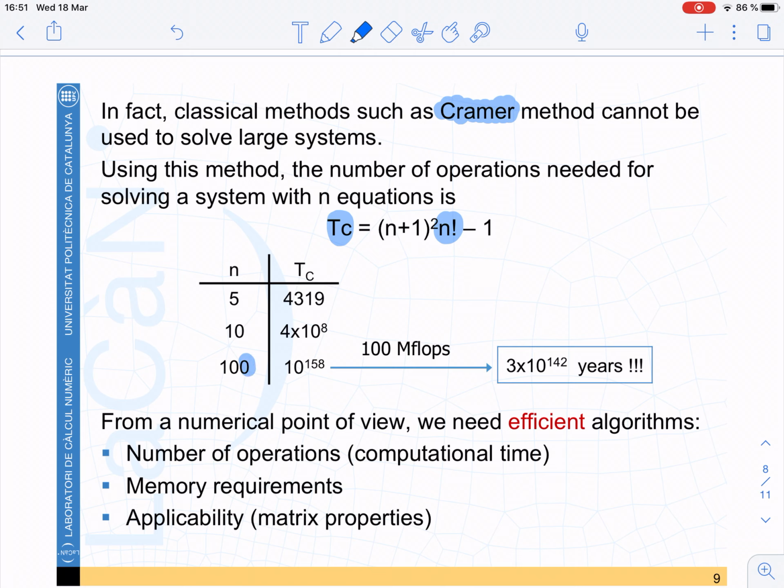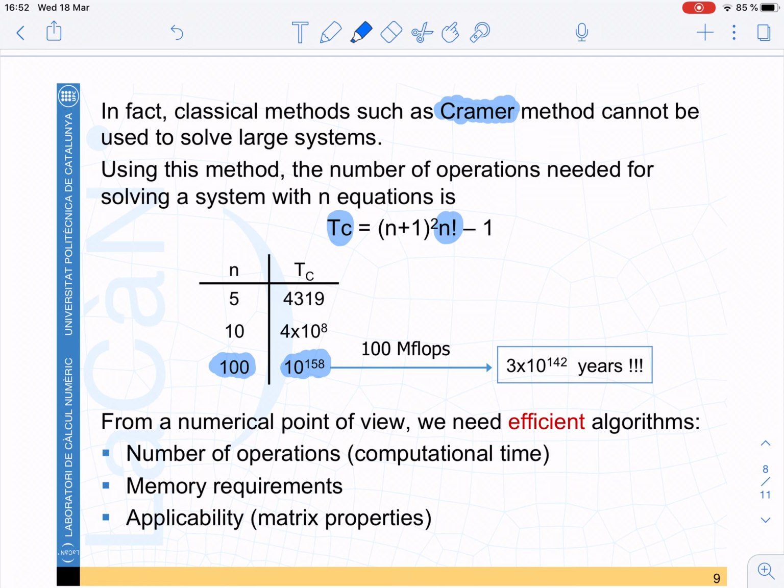Okay? For a very modest system size of 100, Cramer's method requires 10 to the power of 158 operations, which means an incredible amount of time even for a supercomputer.